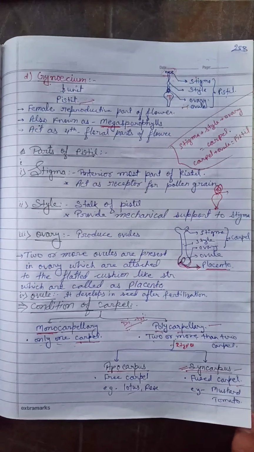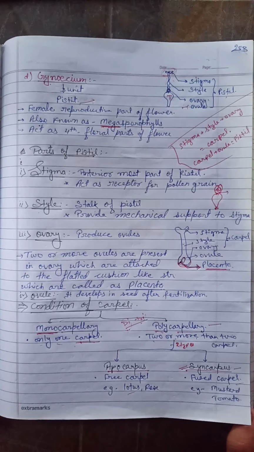Now your chapter, the flower, is completed. Now you have to discuss each and every point, and you have to write each and every point in your notebook, because we will start the next chapter related to the flower. The next condition happens after the germination of pollen grain, that means pollination and fertilization.